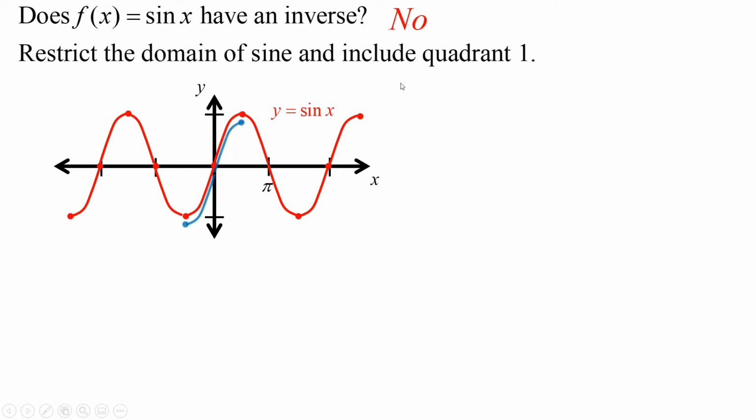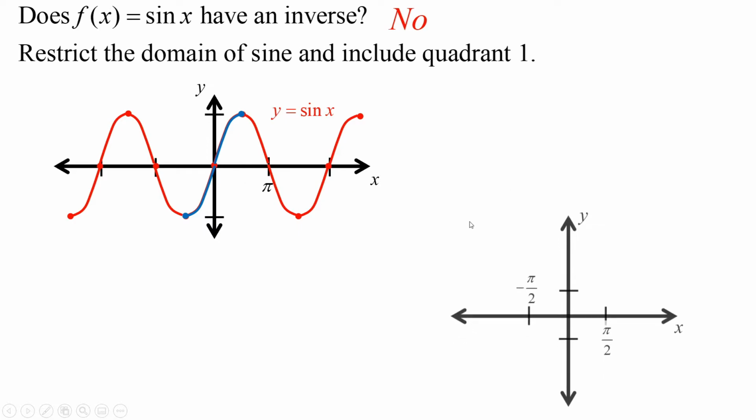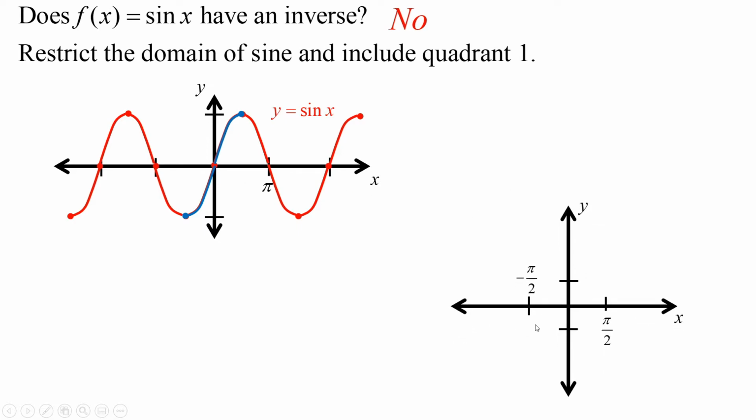All right, there we go. This would be the largest interval where sine of x is 1-to-1, and it does contain quadrant 1. So that looks to me like negative pi over 2 to pi over 2 inclusive. So here's my graph right here.